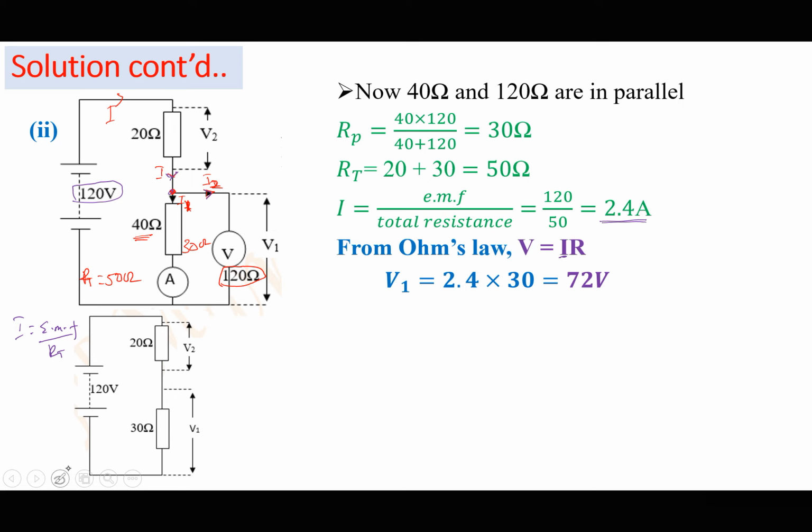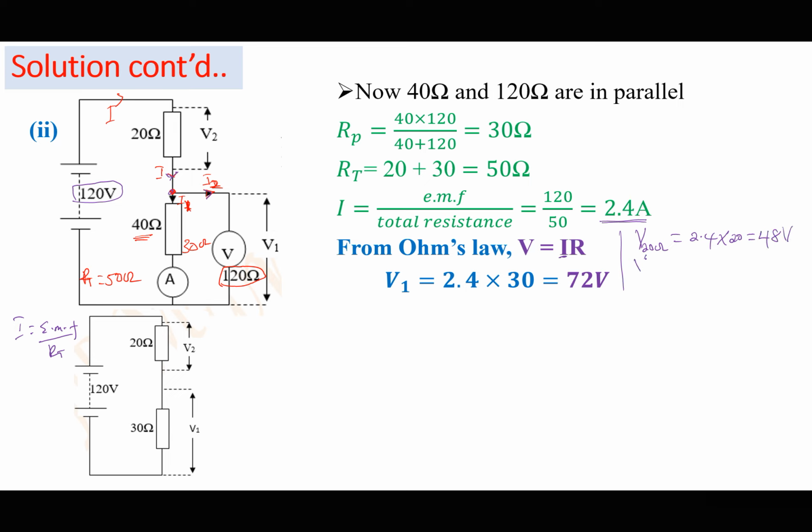Alternatively, I would get the PD across the 20 ohms. So V across 20 ohms is going to be the current, which is 2.4, because the 2.4 goes through that. It goes through 20 directly because it is linked to the battery. So it will be 2.4 times 20, and this gives us 48 volts.